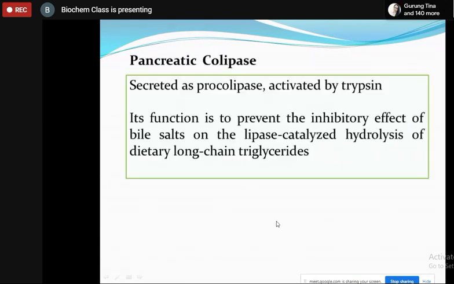This is prevented so that lipase can act efficiently. Pancreatic colipase prevents the inhibitory effect of the bile salts on pancreatic lipase. So this is the second enzyme necessary for digestion of the lipids.